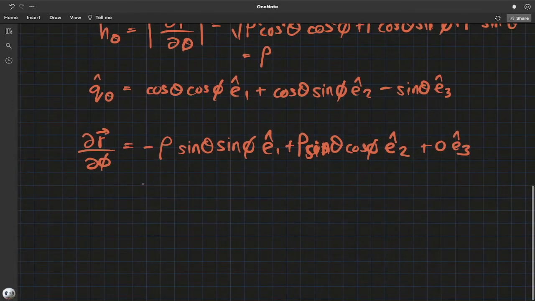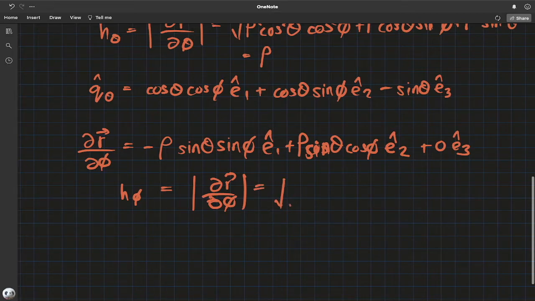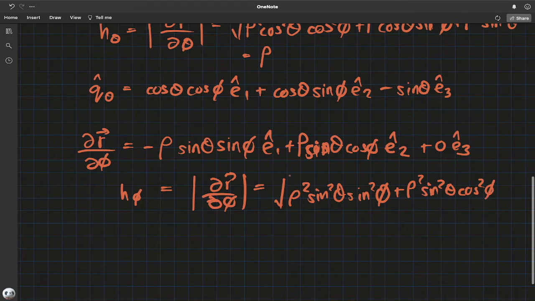So h sub phi is the magnitude of this partial derivative calculation, which is rho squared sine squared theta sine squared phi, rho squared sine squared theta cosine squared phi, and that is just rho sine theta.